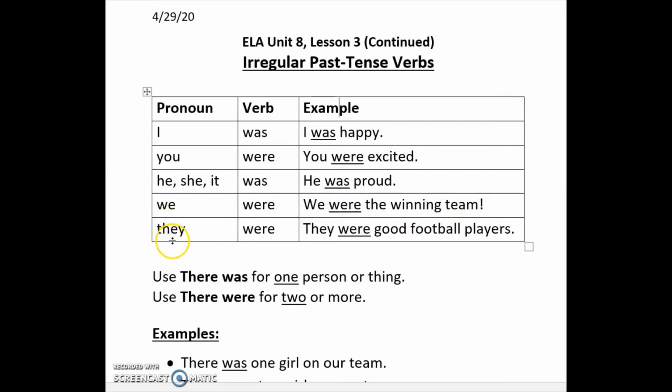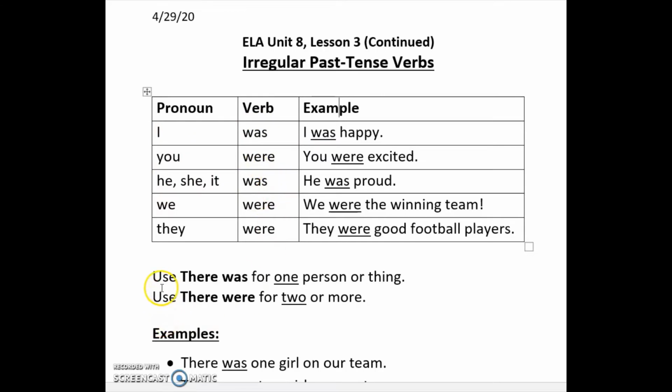They also talks about a group, but that group doesn't include me, it includes other people. They were good football players. So we and they gets were. You gets were. I, he, she, it get was.